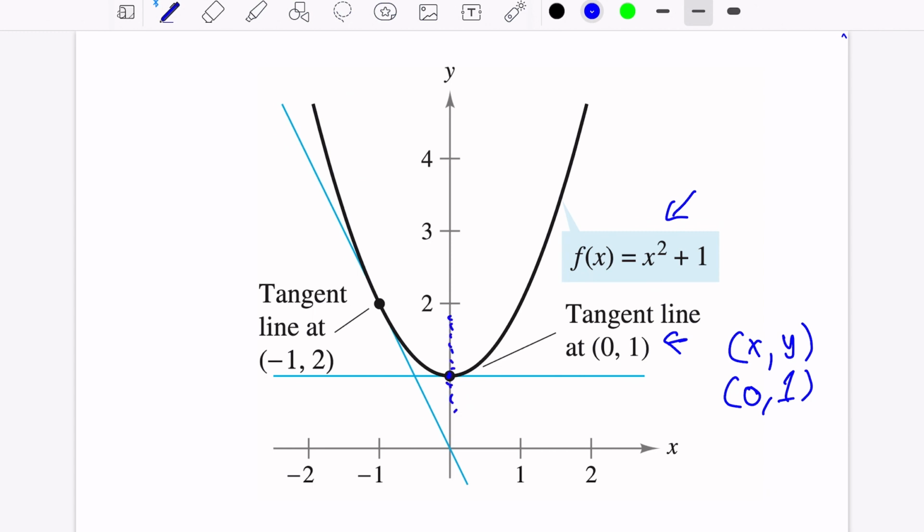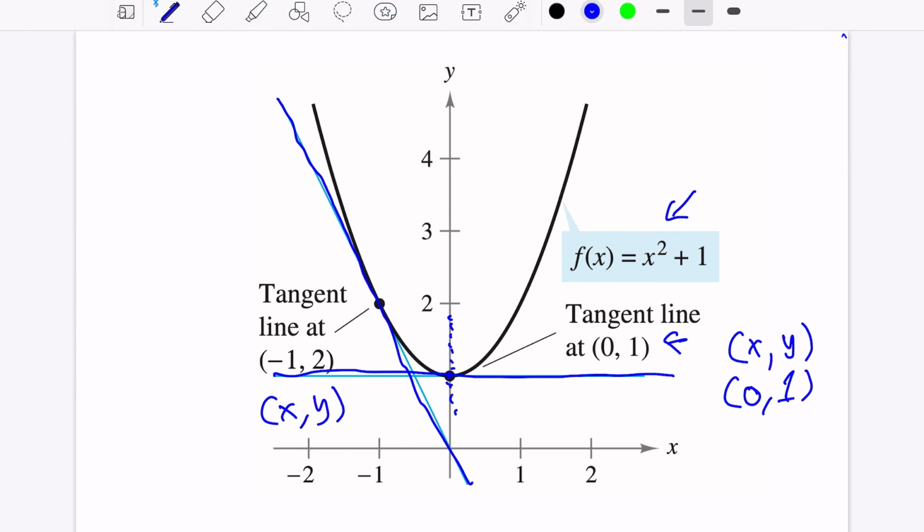Because my x has to be 0, but it's actually down here. There you go. And my tangent line at this point is going right here. As you can see, it just barely touches it.